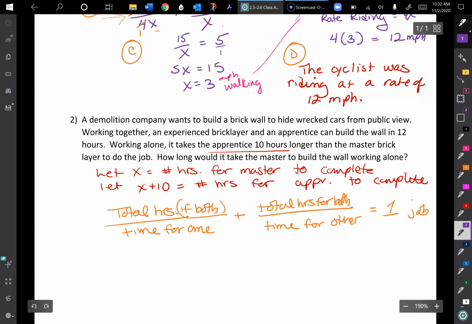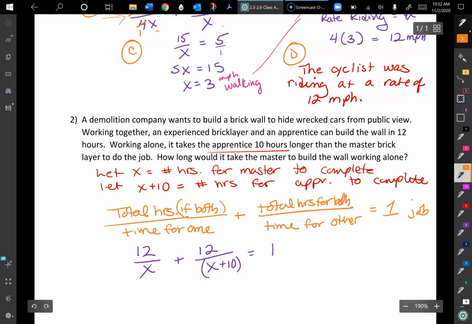So we want to write 12 over x. Okay, so that's his part of the job for the master. And then the apprentice is 12 divided by x plus 10 to get his portion of the job, represented as an expression, equals one whole job.